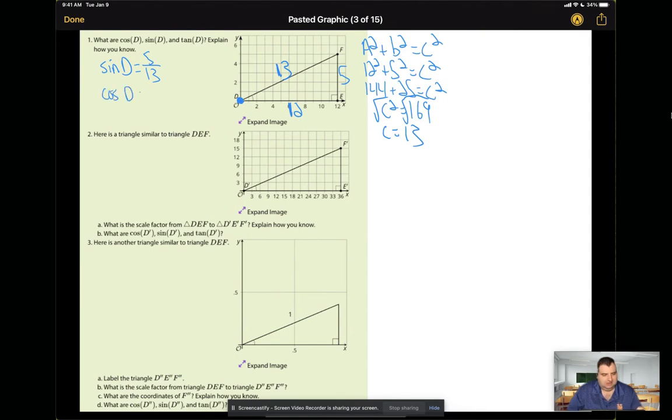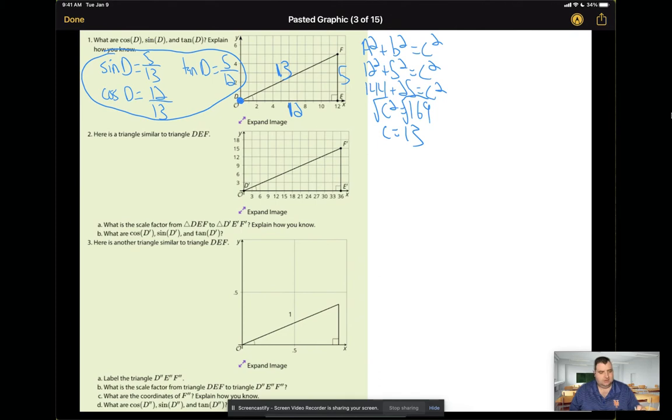Cosine of D is adjacent over hypotenuse. In this case, that will be 12 over the hypotenuse, which is 13. And then tangent of D is opposite over adjacent. So opposite we said is 5, and adjacent we said was 12. So tangent is 5 over 12. So sine, cosine, and tangent of D are these three things right here.